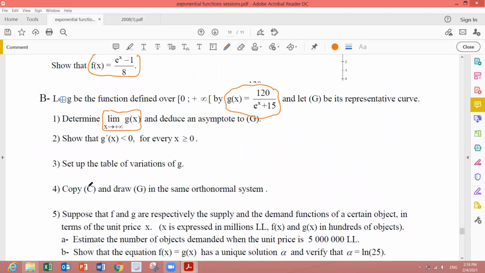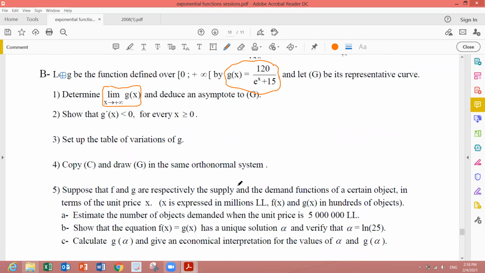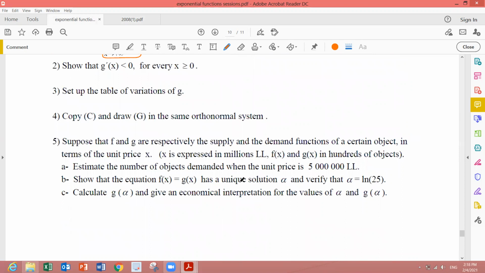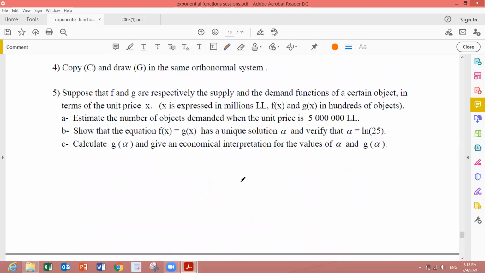Part 4, copy C and draw G in the same system.